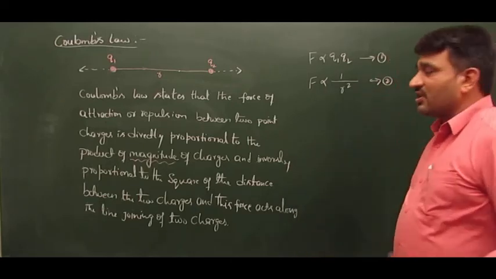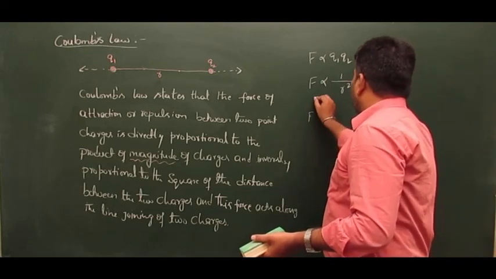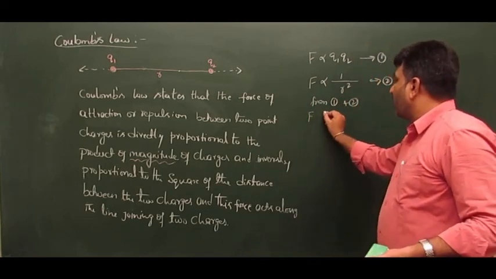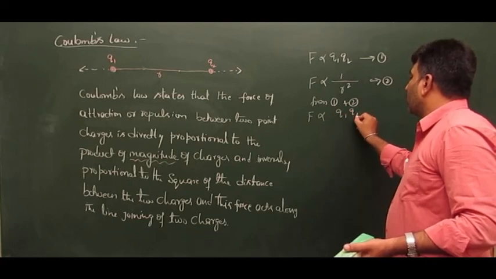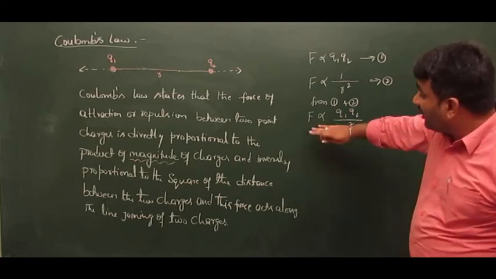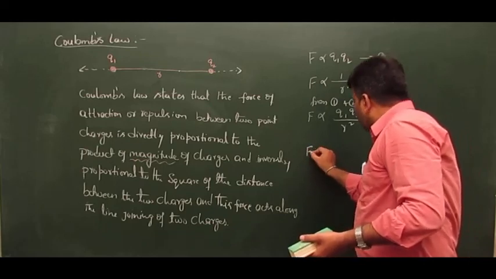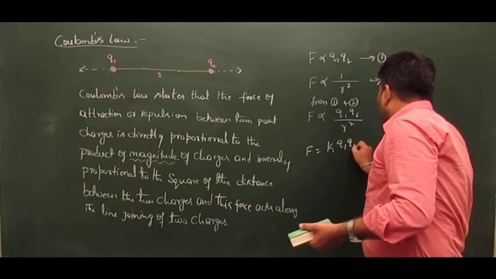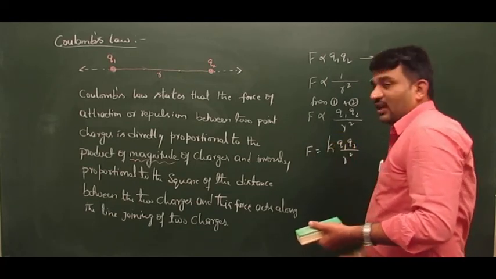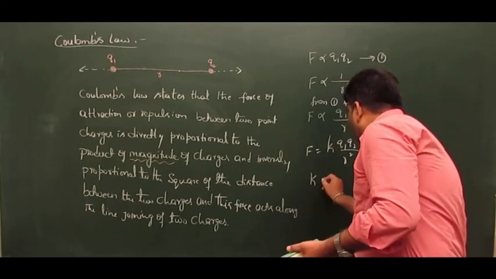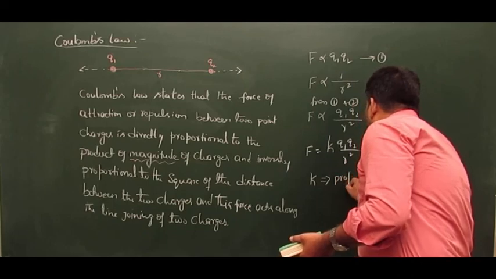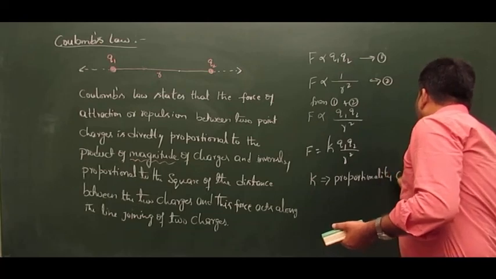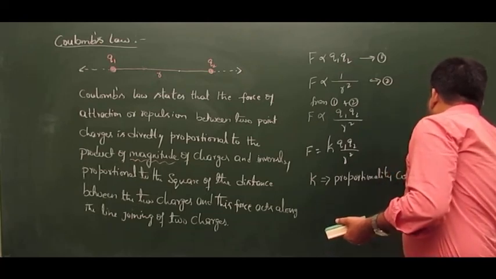By combining equations 1 and 2, we can write F proportional to Q1 into Q2 divided by r square. Replacing the proportionality with a constant, we introduce a small k: F equals k into Q1 into Q2 divided by r square, where k is called the proportionality constant, or Coulomb's constant.